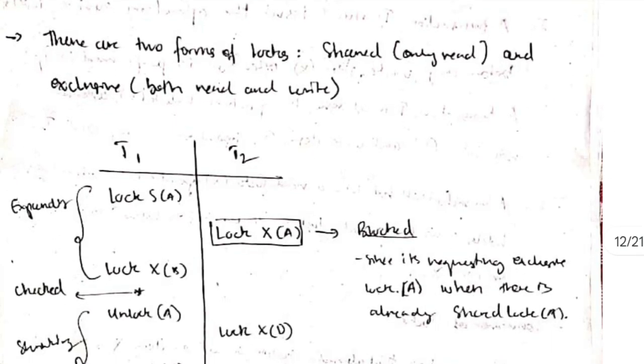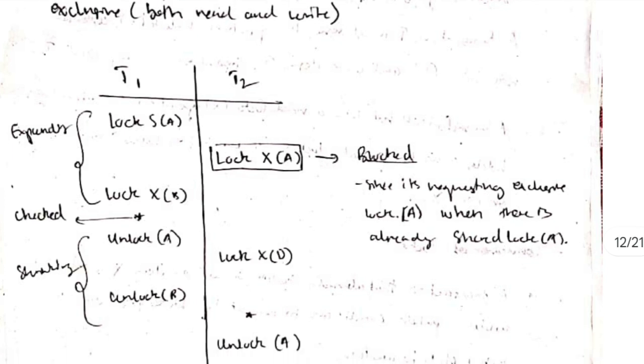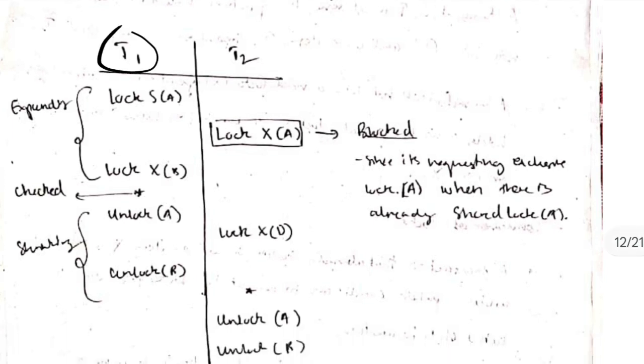There are two forms of locks: shared lock for read only and exclusive lock for both read and write. Suppose there are two transactions T1 and T2, and both are in the expanding phase, so they can just acquire locks. There was an item A. The lock was acquired by T1 by issuing lock S(A).